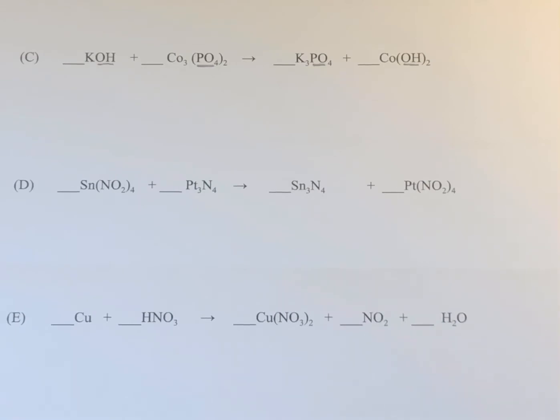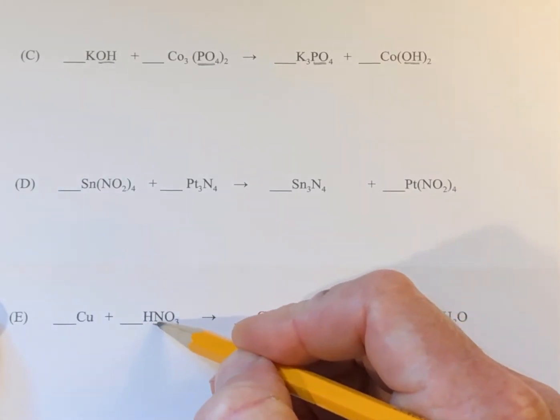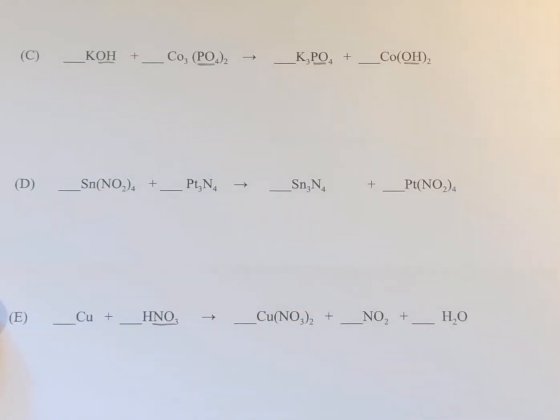Now, if you'll notice on example E at the bottom of the page, one time when you might not want to use this method, we have the polyatomic ion nitrate, NO3, on the reactant side of the equation.